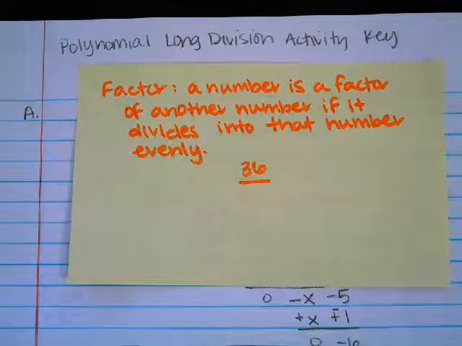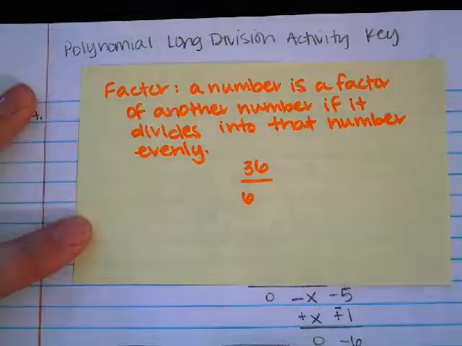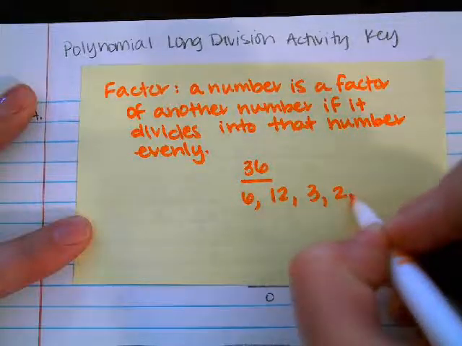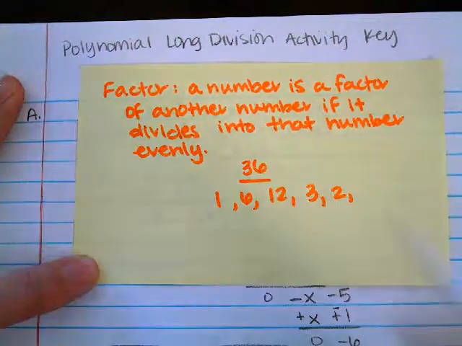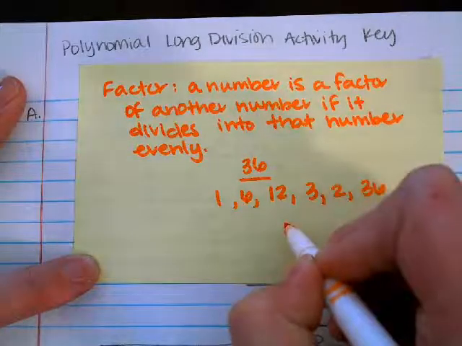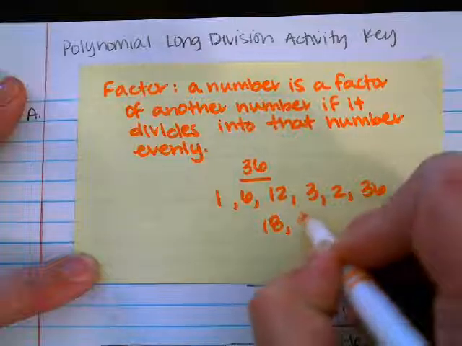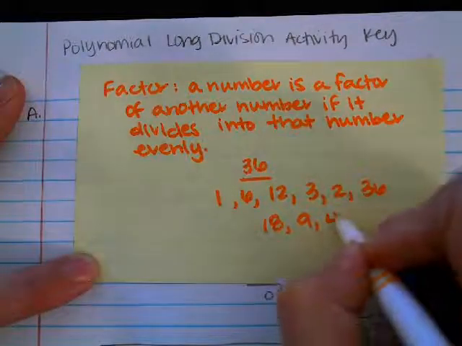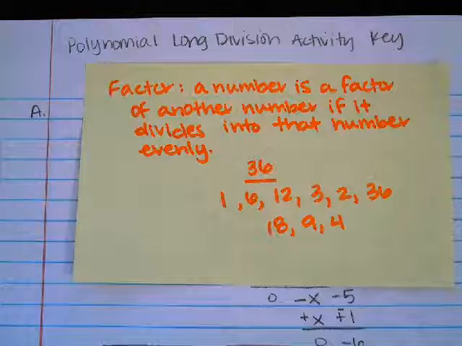What are numbers that divide into 36 evenly? 6, 12, 3, 2, 1, 36, 18, 9, 4, okay. And then we have things that are called prime factors.